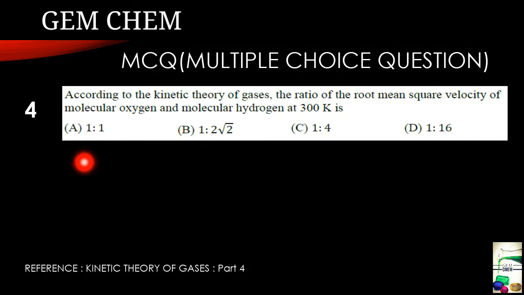That is, this is a question from kinetic theory of gas. First try it on your own, then start seeing the solution, right? So according to the kinetic theory of gases, the ratio of the root mean square velocity of molecular oxygen and molecular hydrogen at 300 Kelvin is. So we have to find the ratio of root mean square velocity.